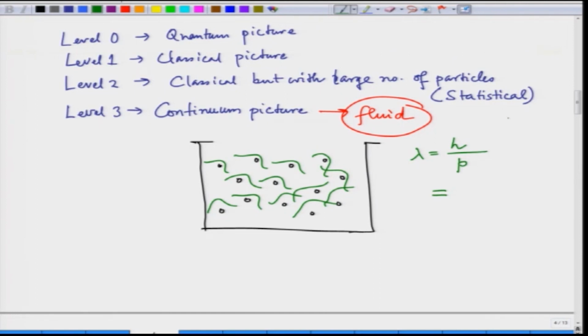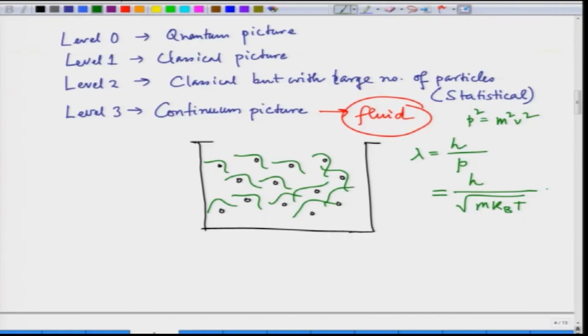By doing some very easy calculation, p square is m square v square, and half m v square is basically of the order of kT, so p will be of the order of root over m kBT, where m is the mass of one single particle, kB is the Boltzmann constant and T is the kinetic temperature.